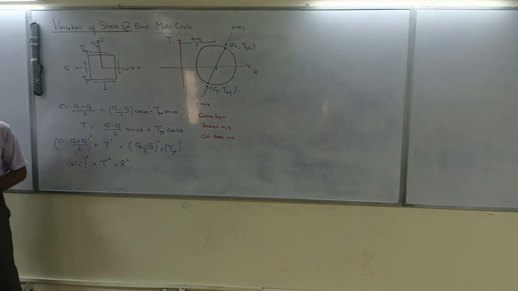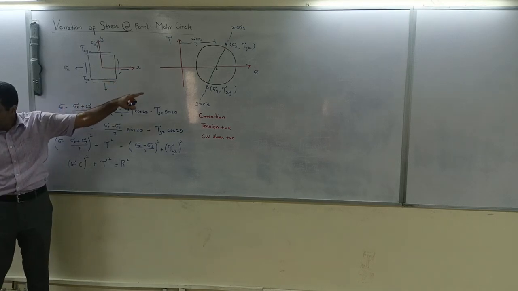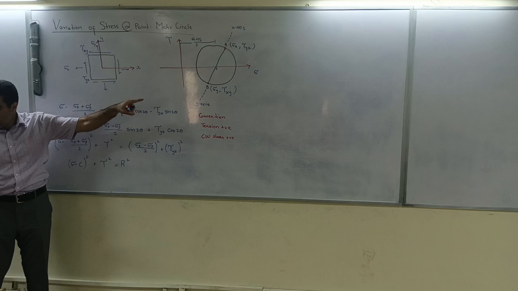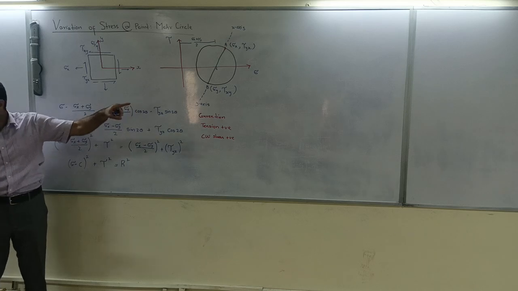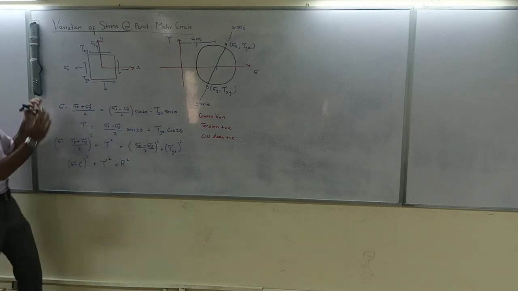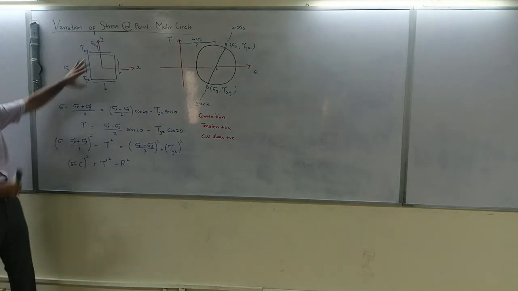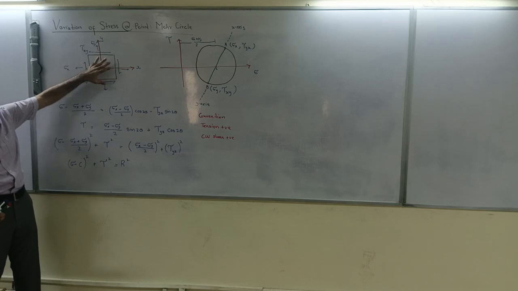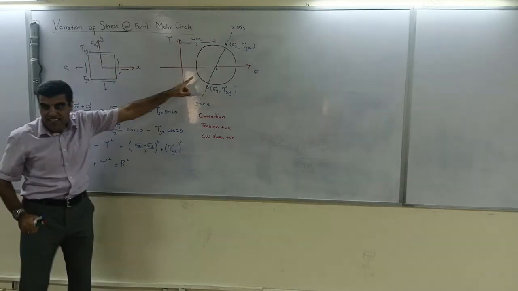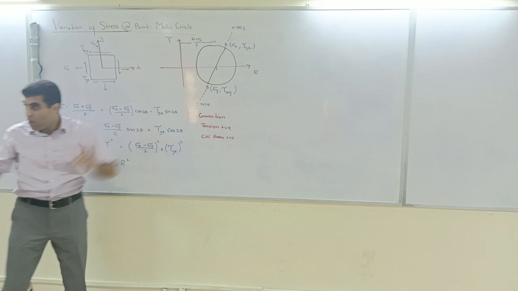Now please remember that on the Mohr circle, whatever you draw should be at 2 theta, and in reality that is theta. In the element diagram it should be represented as theta, and in the Mohr circle it should be represented as 2 theta. Why?